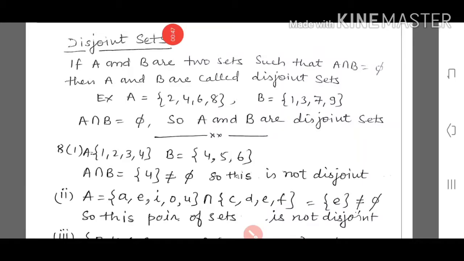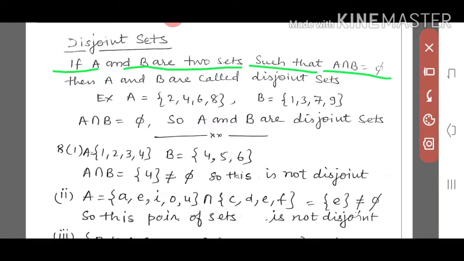Now we will do disjoint sets. If A and B are two sets such that A intersection B is the null set, then A and B are called disjoint sets. We take an example.